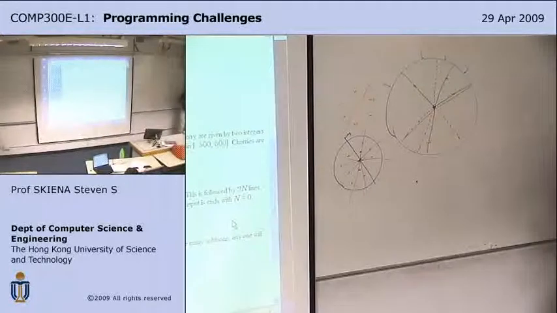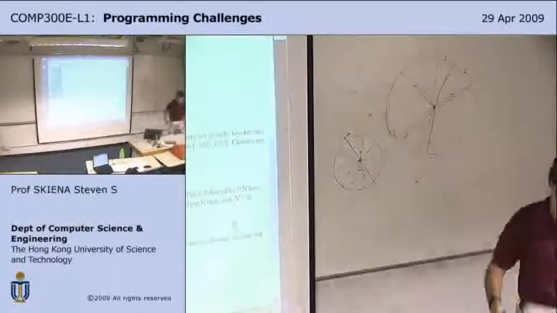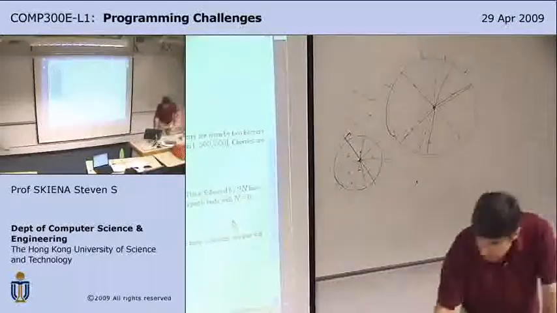Are there any complications? What is the complication? There is one. I think I agree with you that this should work in real geometry. What is the complication? The complication here that they give is that the lines are integers.